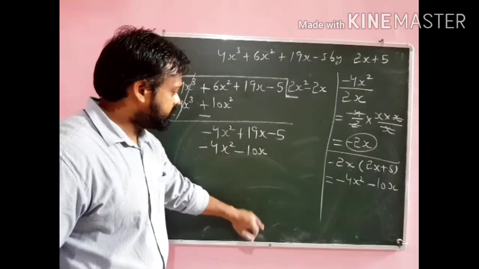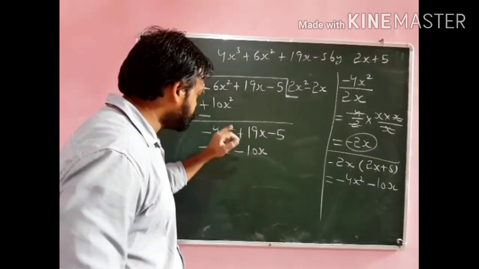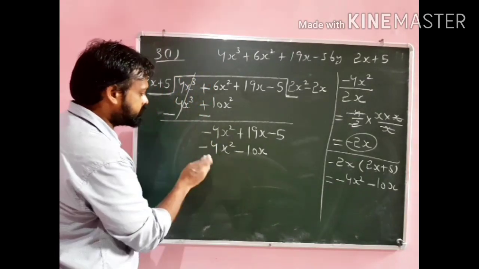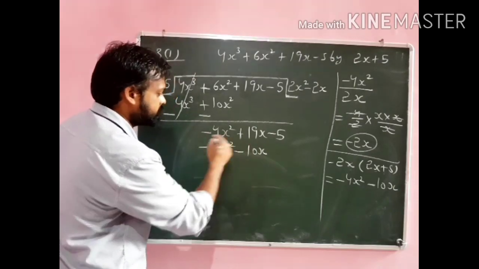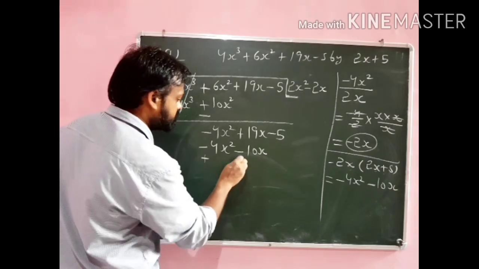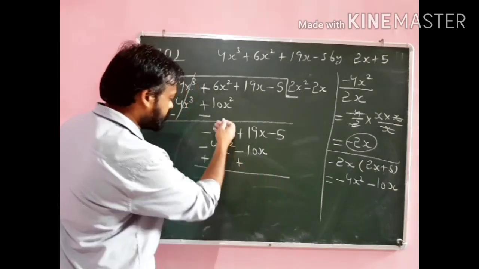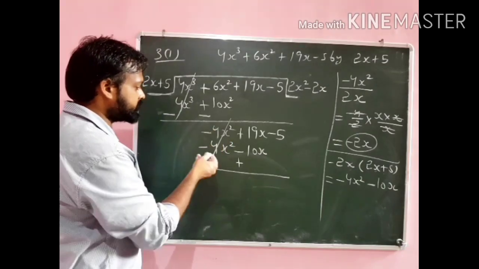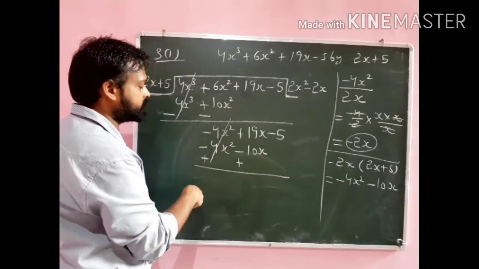Okay, now what is the third step? That was we have to subtract the terms. While subtracting we have to change the signs. Only the sign of this polynomial. This is the minus sign, it will become plus, and this also becomes plus. Now you can see this minus 4, this plus 4, opposite sign terms are here, so both are cancelled with each other.